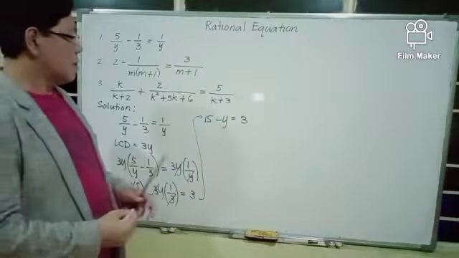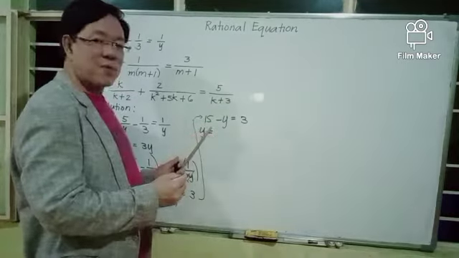Hence, using the LCD 3y, we have eliminated the denominators and we get a linear equation in the variable y, from which we can now solve for y by transposing minus y to the right to make the coefficient of y positive 1 and transposing 3 to the left. We transpose minus y to the right hand side, we take the opposite sign of minus y and we get positive y.